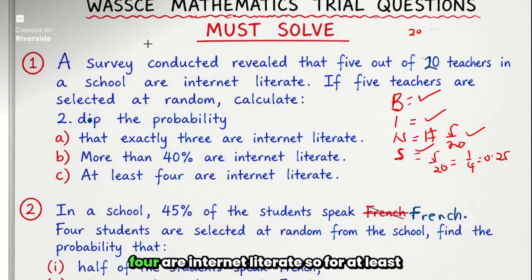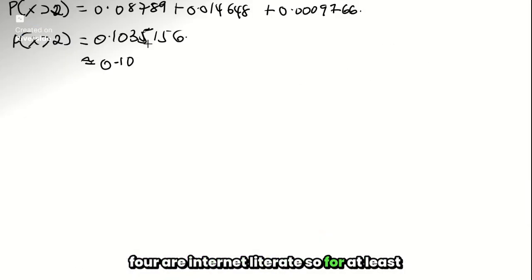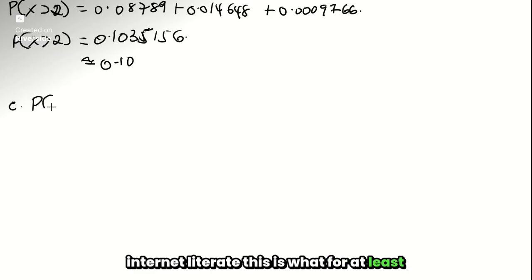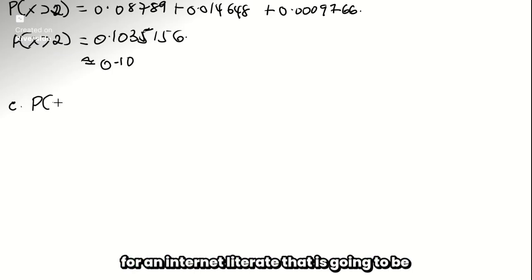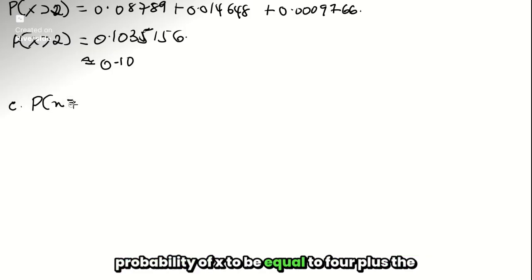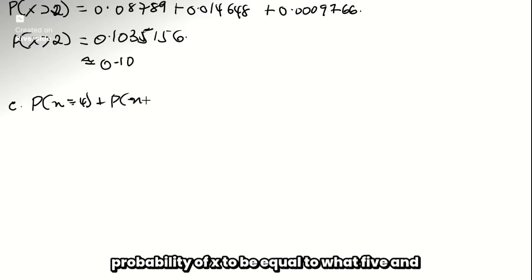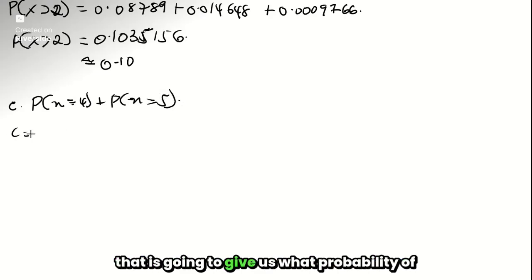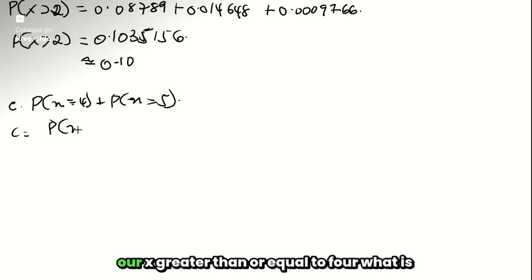Now, at least 4 are internet literate. For at least 4, starting from 4, that is going to be the probability of X equal to 4 plus the probability of X equal to 5. That gives us the probability of X greater than or equal to 4.